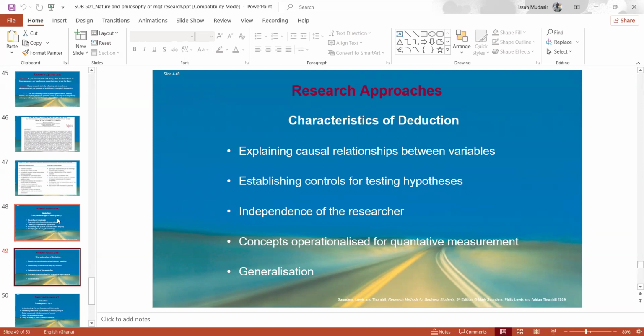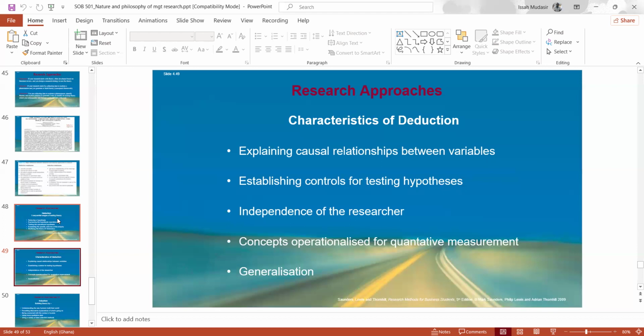some new theory. So you will pursue an inductive approach because you have no hypothesis to test in the first place. Because hypotheses are generally based on theory, and there's no theory. How are you going to test a hypothesis?